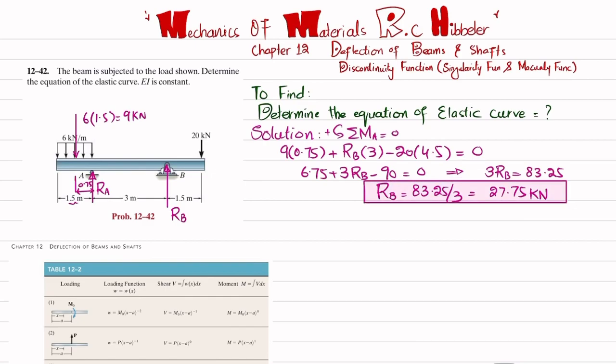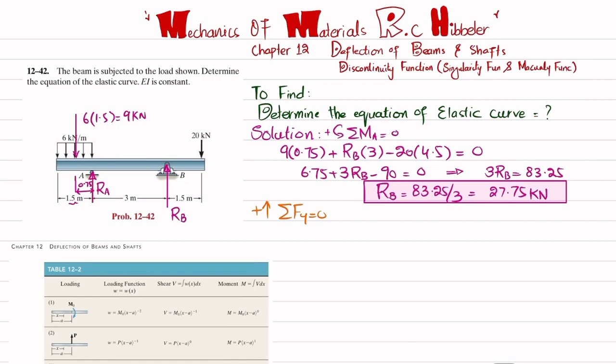Now we'll find RA by using the equation of equilibrium that the sum of all forces along the y direction must be equal to 0, and upward force is taken as positive. You can see one force, minus 9, acting downward, plus RA plus RB minus 20 will be equal to 0.